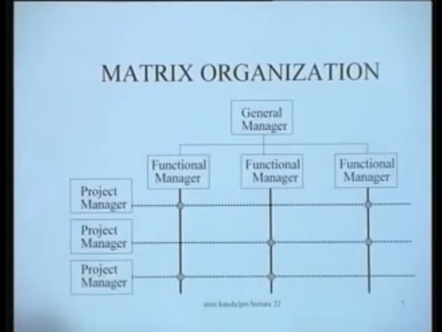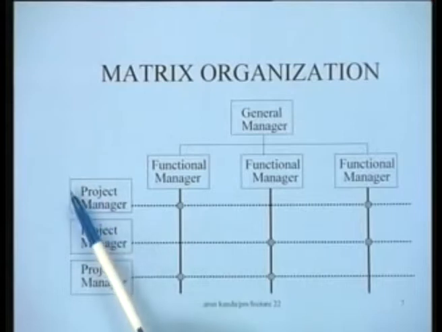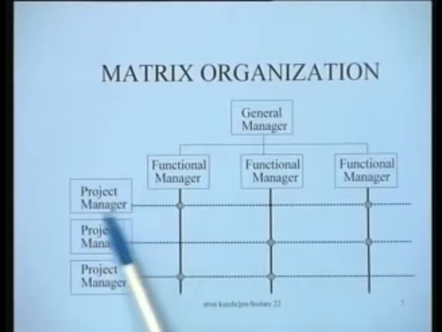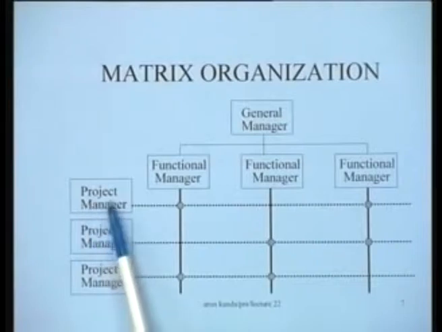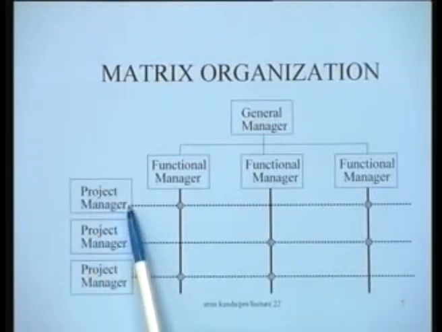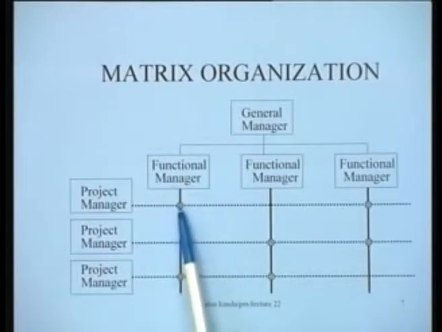Now, what you do is that if there are a number of multiple projects to be carried out by the organization, then for each project you define a project manager, and a project manager is given a special entity, shown here. Depending upon the needs, the project manager will pick up one person from a particular functional manager if he needs him.